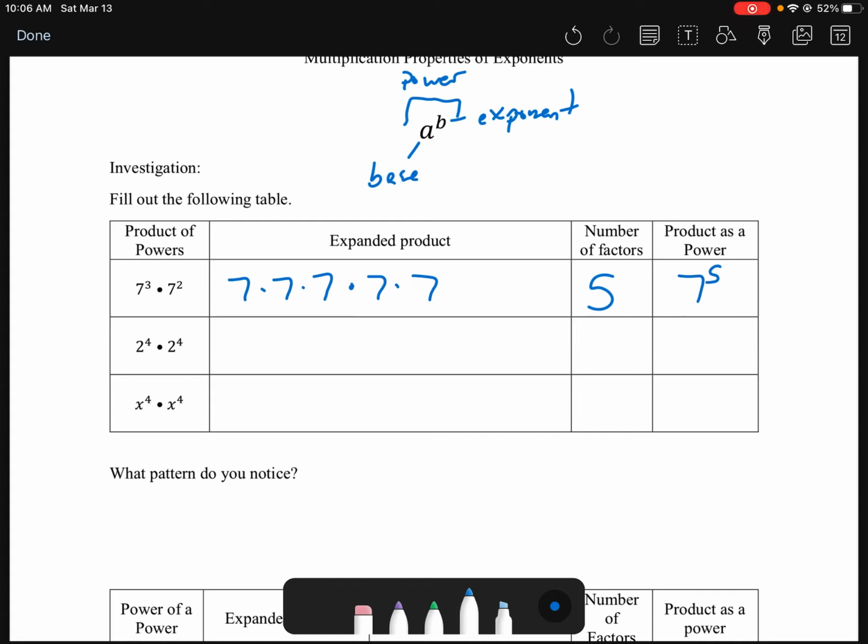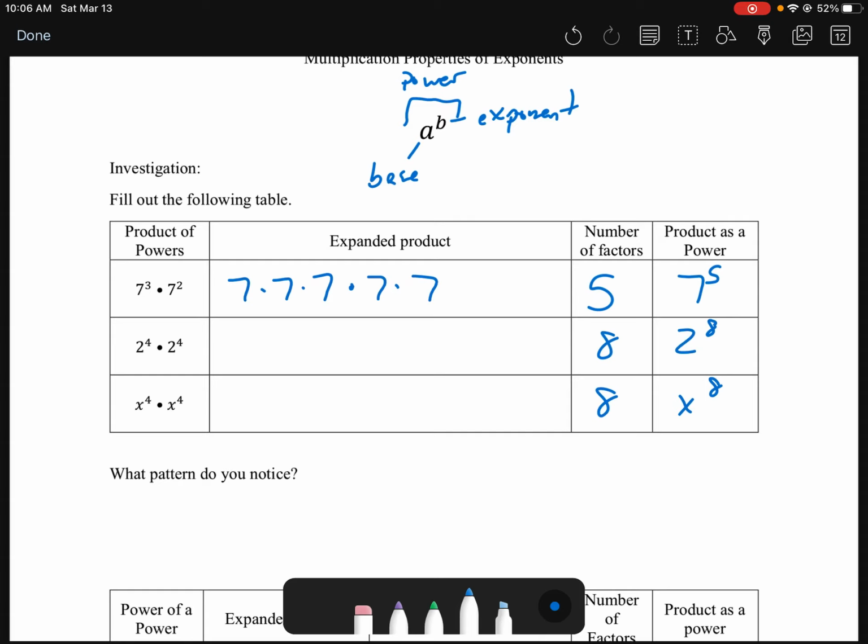Okay, the number of factors for 2 to the 4th times 2 to the 4th, you should have had 8. And your new power looks like 2 to the 8th power. x to the 4th times x to the 4th, again, 8. You'd have x to the 8th. What kind of pattern are you noticing with our product of these two powers and then what the product actually looks like?